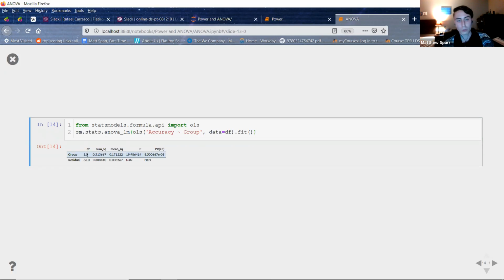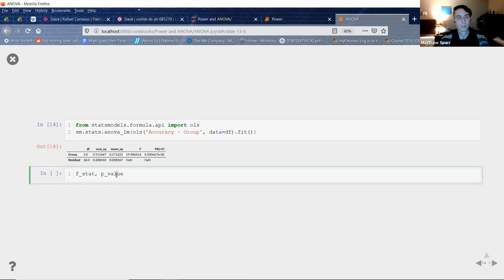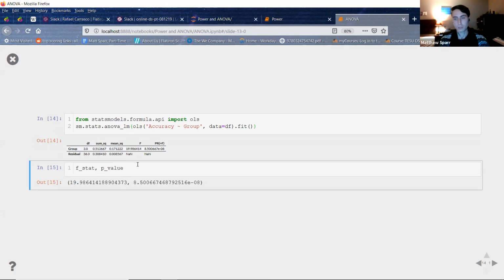The first one is the degrees of freedom for the numerator, and then the degrees of freedom for the denominator, which is the residual degrees of freedom. And again, we have the same F statistic and the p-value for that here. So 3 different ways to run ANOVA, but you get the same result with all of them. And that's just to compare to our earlier results, and you can see they're the same.